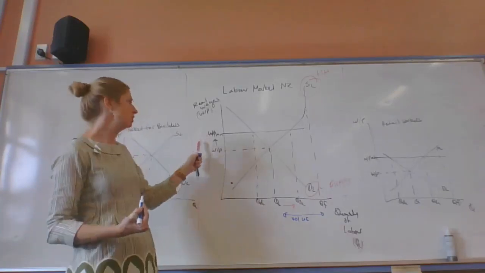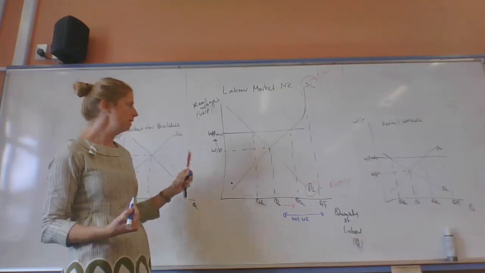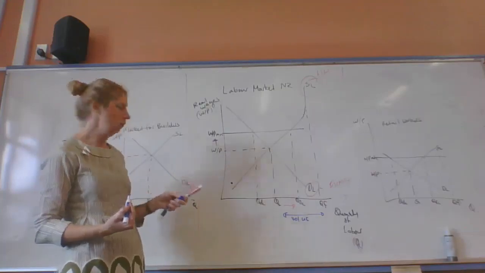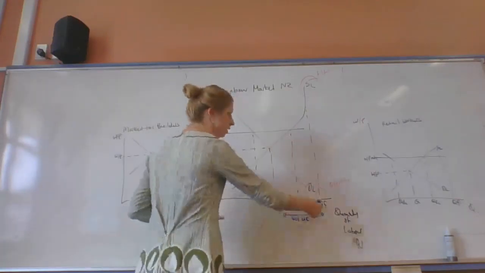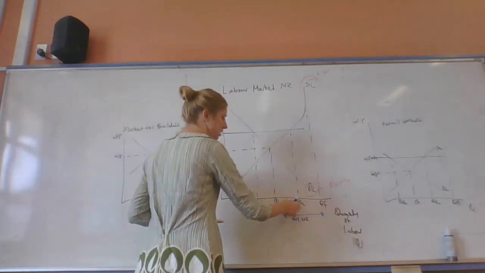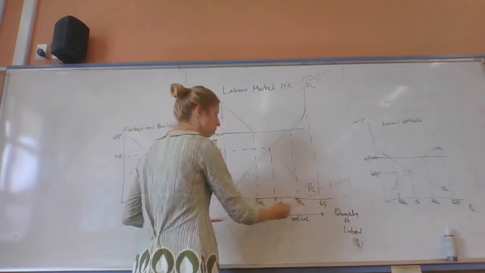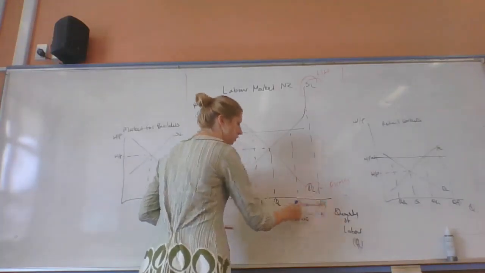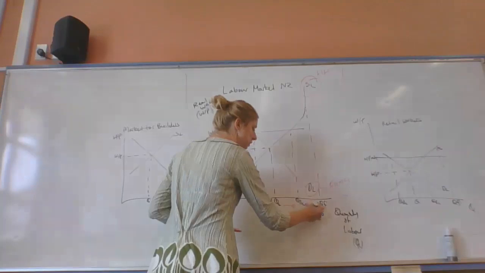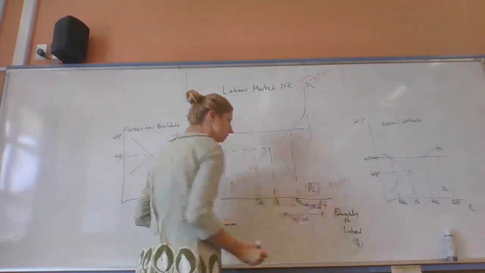But then if the wage increases to W over P min, the opportunity cost of not working increases. So the quantity supplied of labour increases to here, from here to here. And so the gap between QF and QSL, voluntary unemployment, has now got smaller.